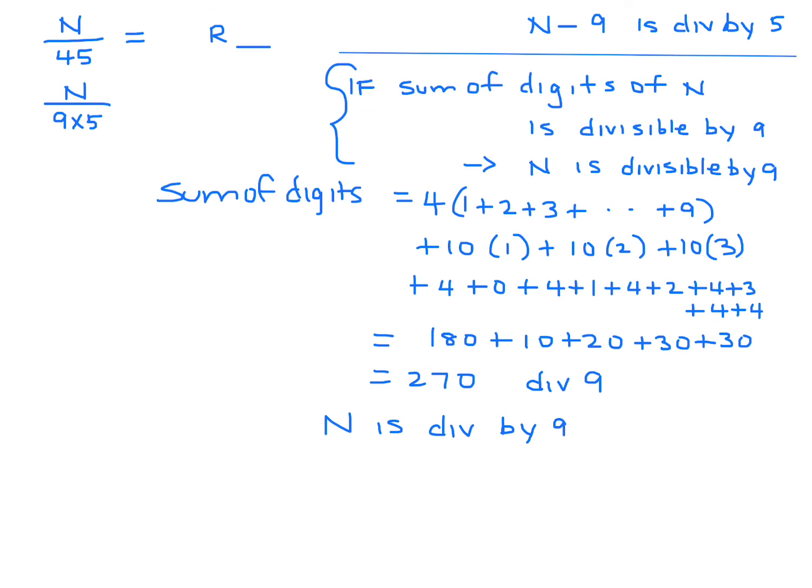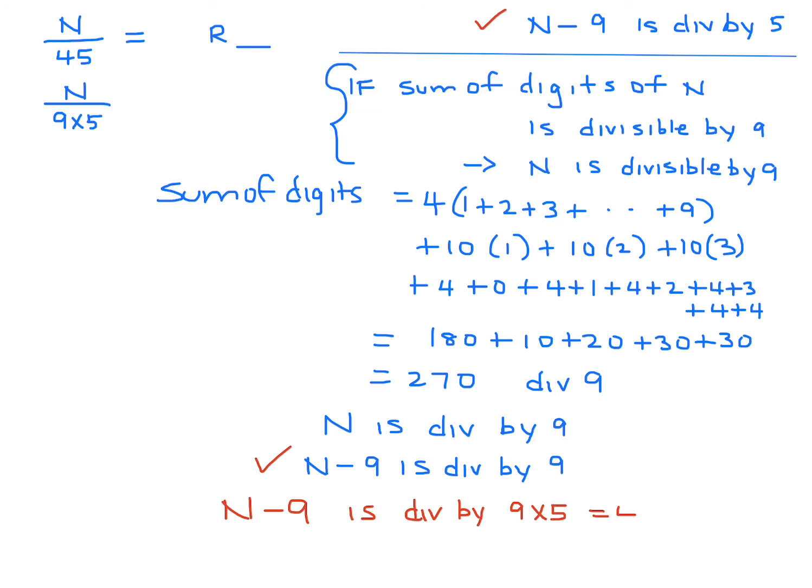Okay, so if n is divisible by 9, that means n minus 9 is also divisible by 9, right? If you subtract a 9, it will still be divisible by 9. So therefore, we have concluded that n minus 9 is divisible by 5, and n minus 9 is divisible by 9. So therefore, n minus 9 is divisible by 9 times 5, which is 45.